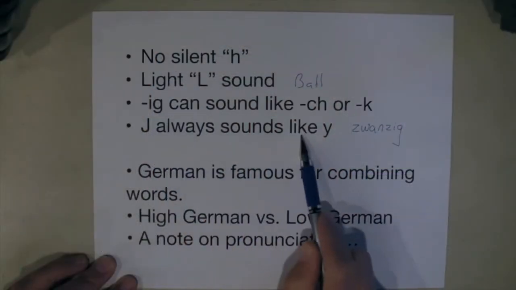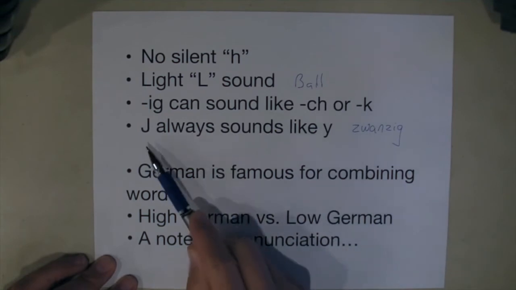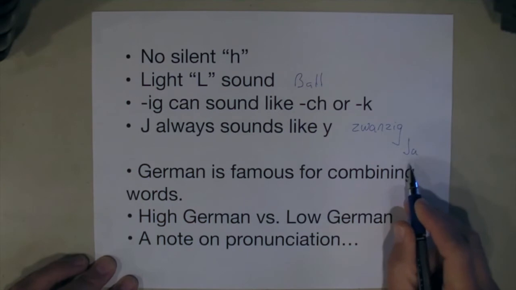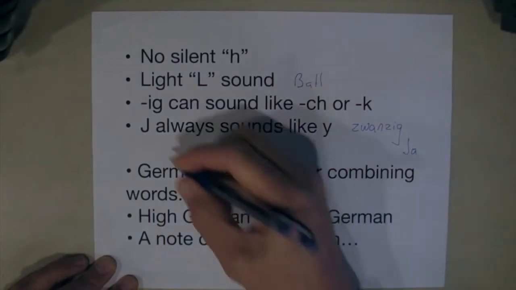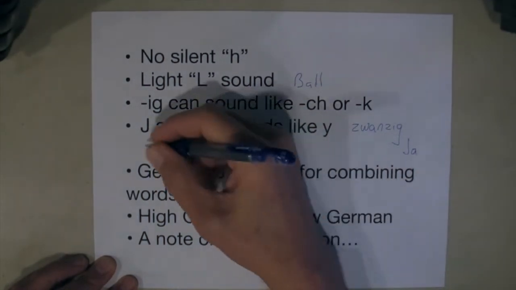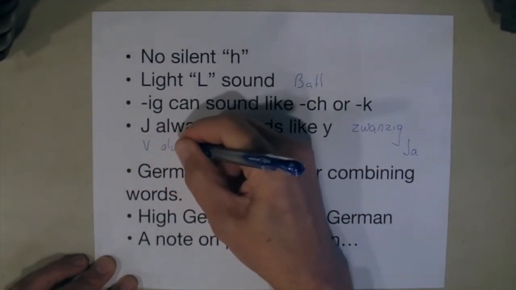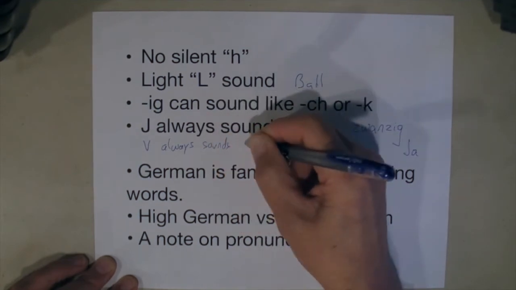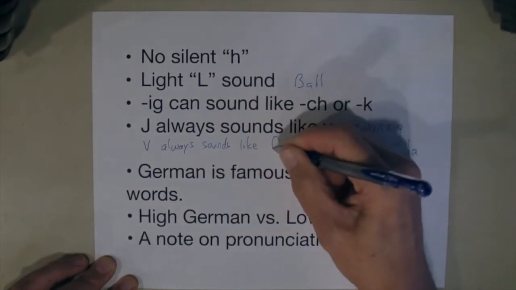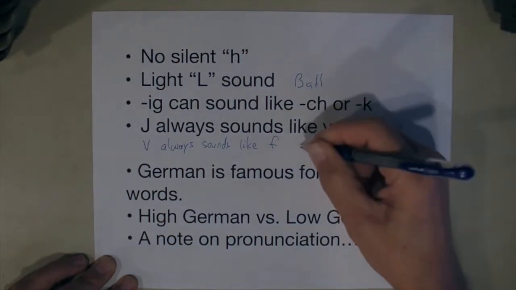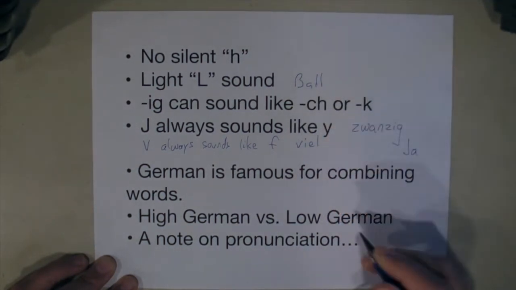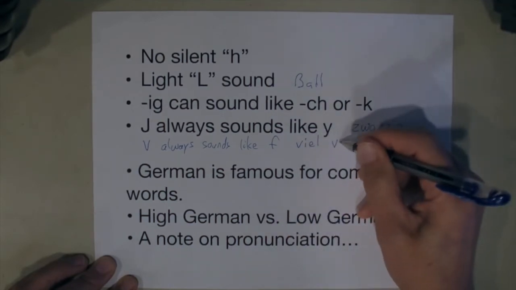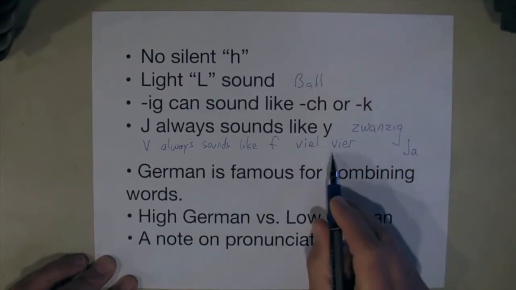A J always sounds like a Y, or the English Y. So if you see a J word like this, that's not jaw, it's ja, ja. And I should add too that I forgot to put here, V always sounds like an F. So a word like this is viel, or the number four is vier.